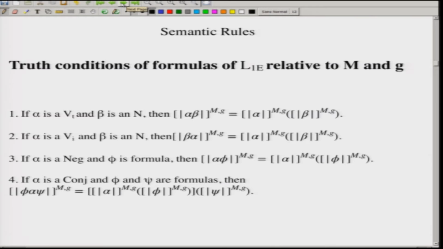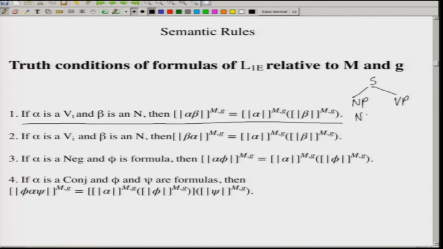We just need to revise the semantic rules once. So, this is about any structure where, if we remember, S goes to NP and VP, or S goes to NP and VI, whichever way you want to read this.